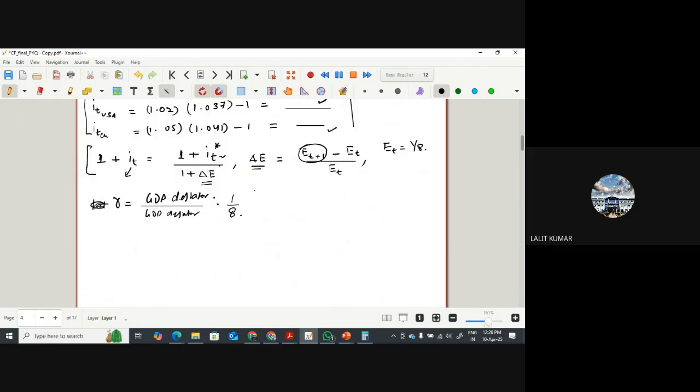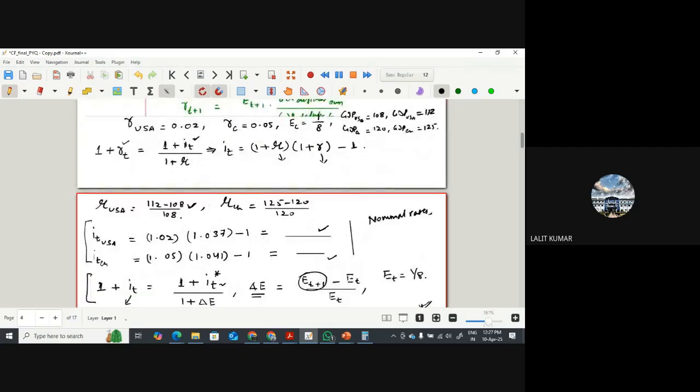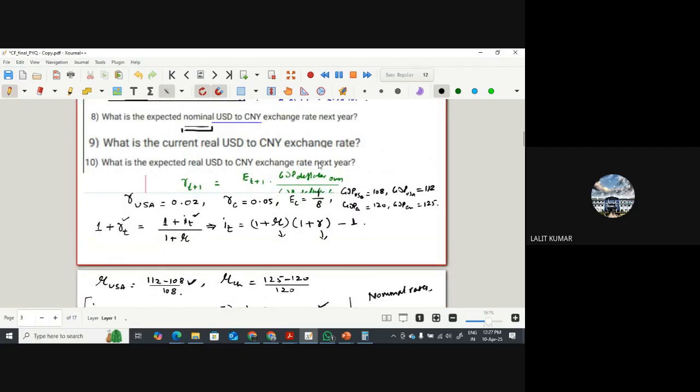This formula is okay. R is equal to GDP deflator domestic, GDP deflator foreign into E. This we had seen in this formula. And then the last part is, what is the expected real USD to Chinese rate?